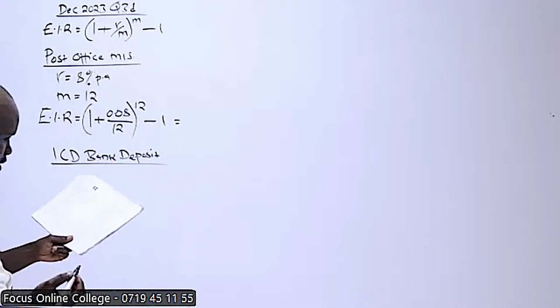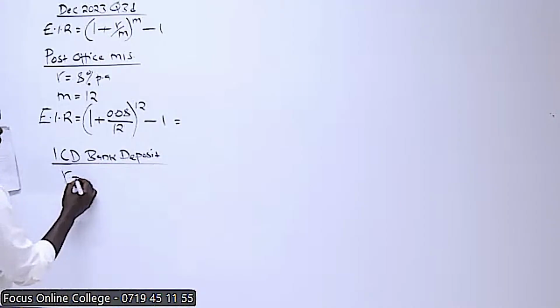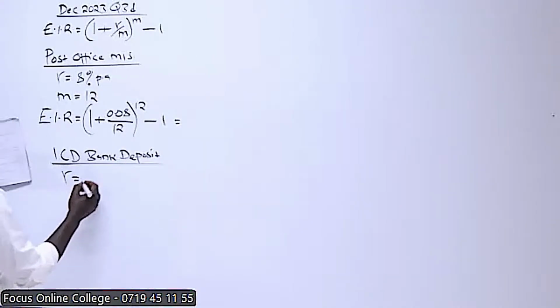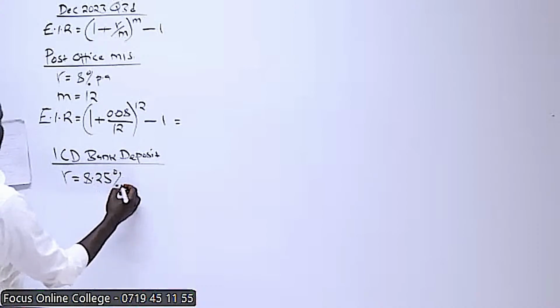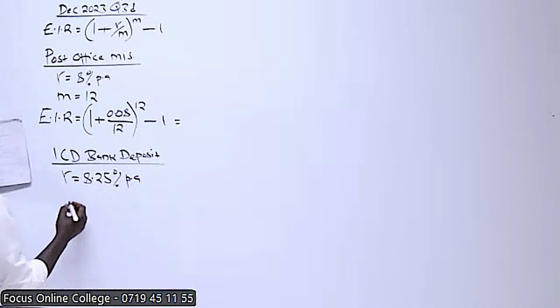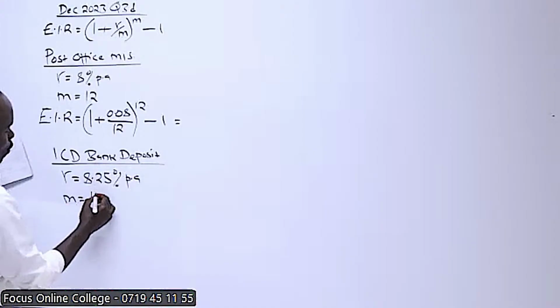ICD bank deposit, they're saying quarterly interest. So our nominal rate is 8.25% per annum. M, the number of times compounding occurs in a year, is quarterly, so 4.